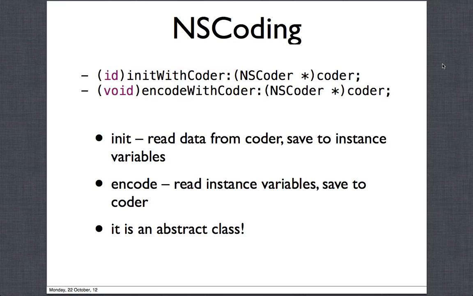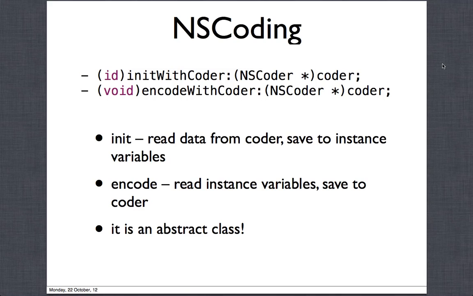This is not actually a class. This is an abstract class, but the thing is we have to implement two methods in our application if we want our object to be able to archive and unarchive. One method is init with coder, and it takes a coder, which is that series of bytes.